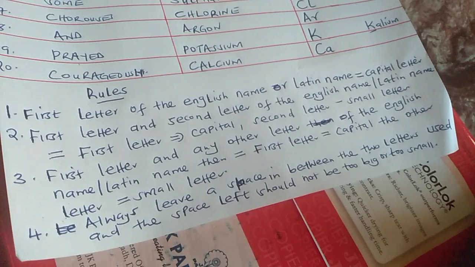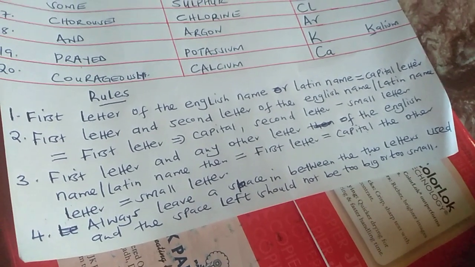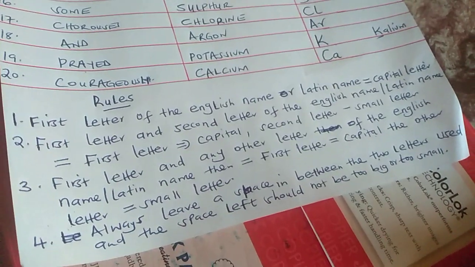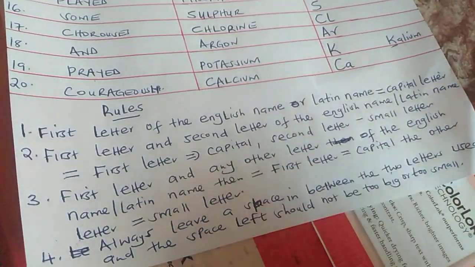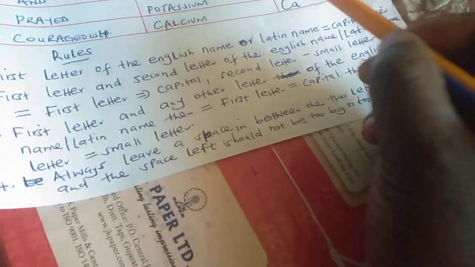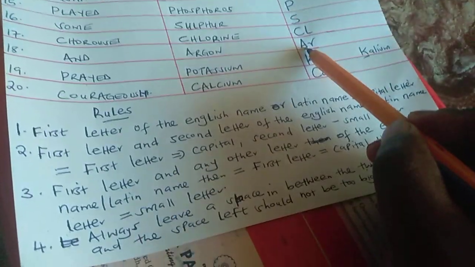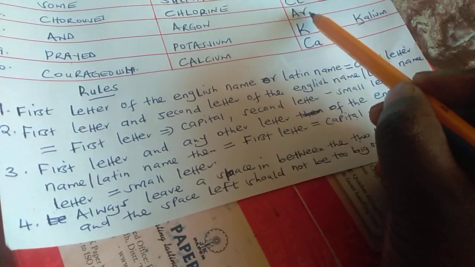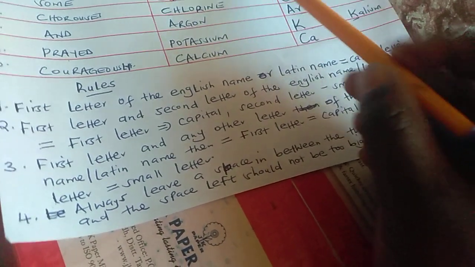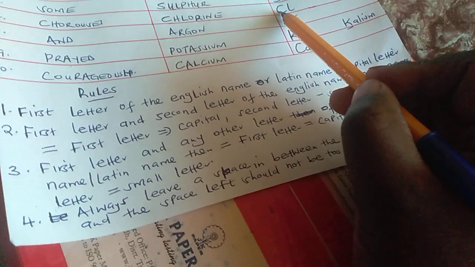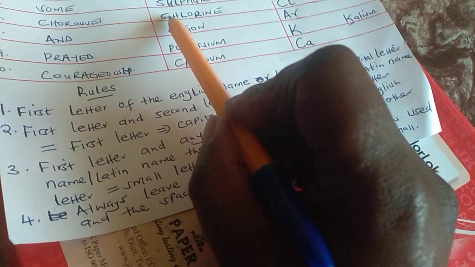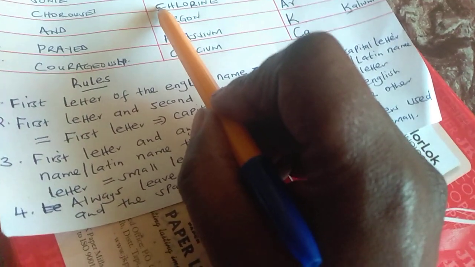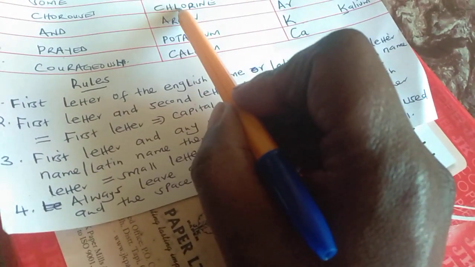ni kama tu unaandika mwandiko wa kawaida, just the normal writing, vile huo unaachanisha. Like if you look at this one, for argon, capital A and small r. For chlorine, remember, inafuata ile rule ya the first letter and any other letter.